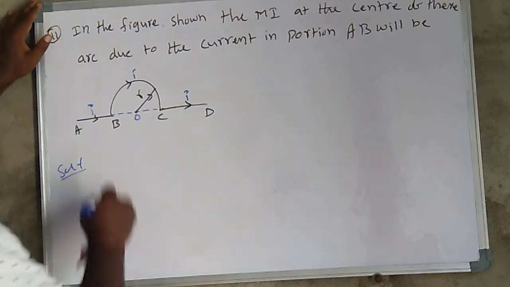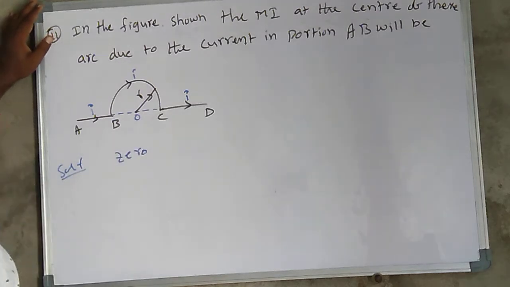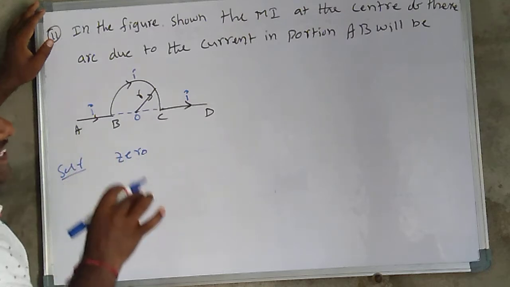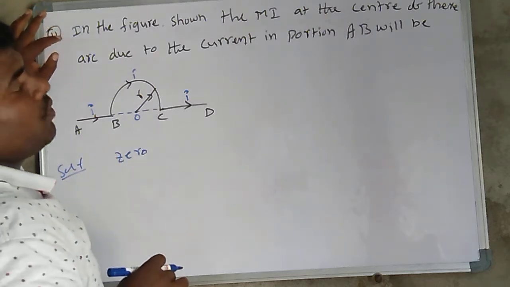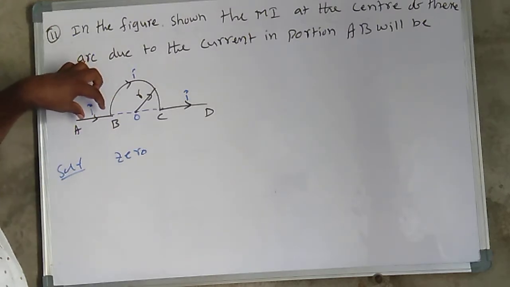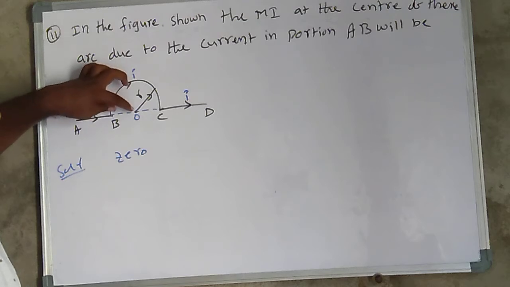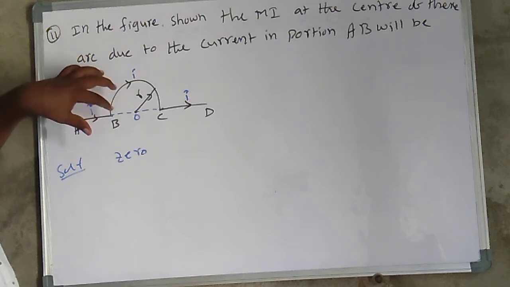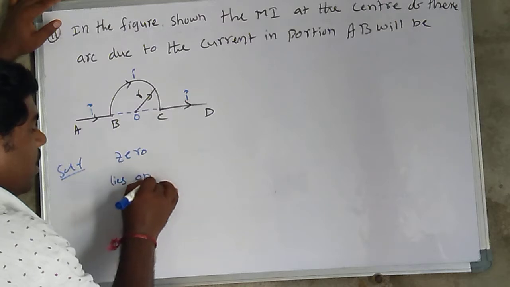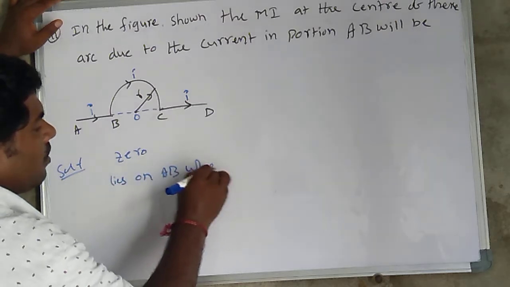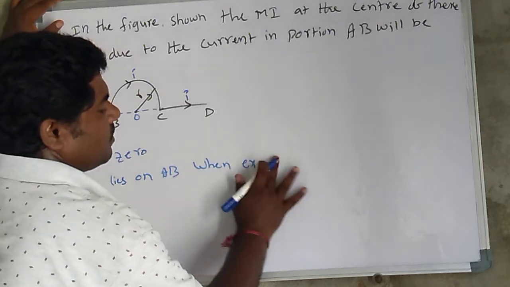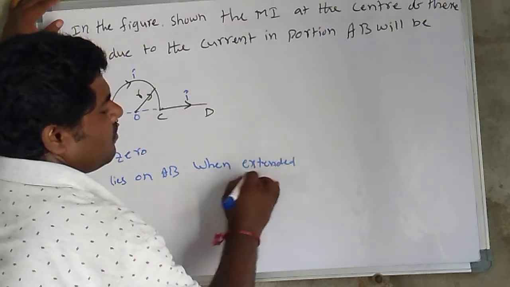That's why the magnetic field becomes 0. The magnetic induction at the center of the arc due to the current in portion AB becomes 0 because when AB is extended, O lies on it.